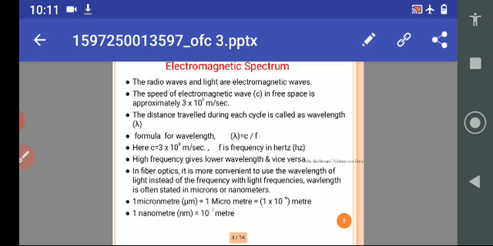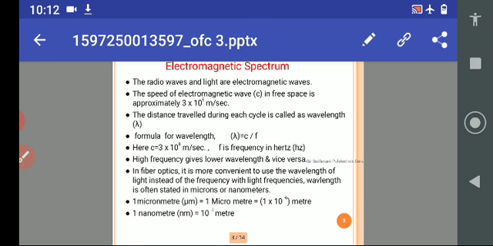In fiber optics, it is more convenient to use the wavelength of light instead of frequency. The wavelength is measured in micrometers or nanometers, which are the lower ranges of the meter. 1 micrometer is equal to 10^-6 meter.